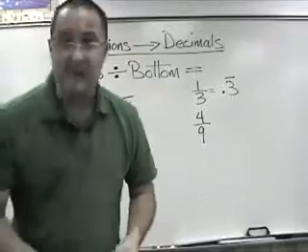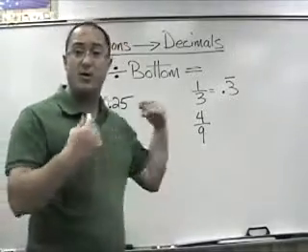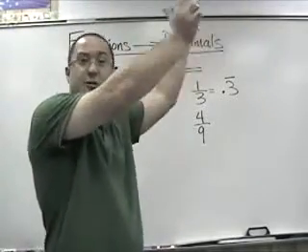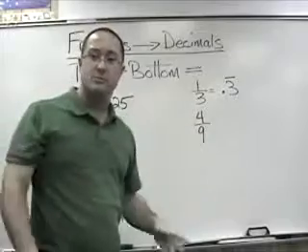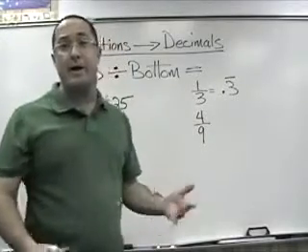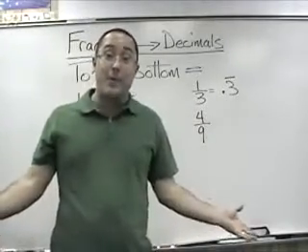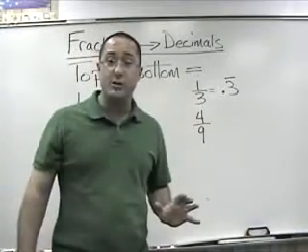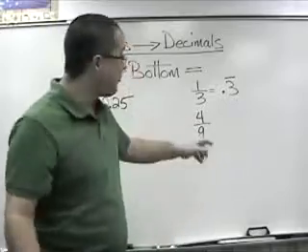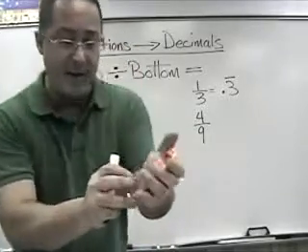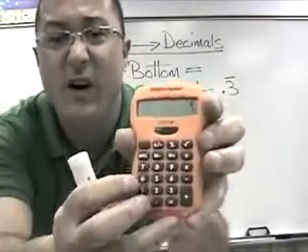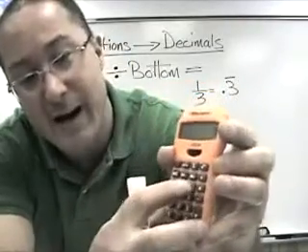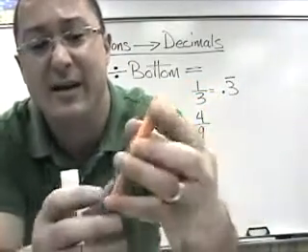That bar says I know that it's going to keep going, 3 forever. I know that. But I'm not going to write it. Why? Because I'm going to run out of paper. So I'm just going to put 1/3 and a repeating bar. Good? Good. How about 4/9? Let's punch in 4 divided by 9 and see what we get.